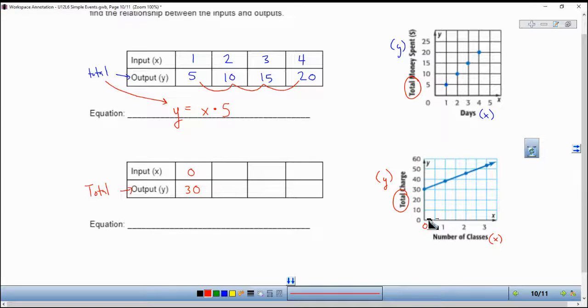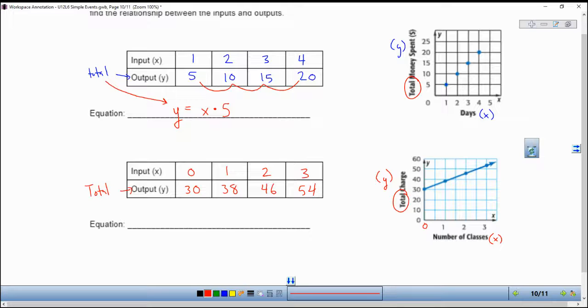So that's where that 30 comes from. You do 1 class, and it appears to be around 38, 39. We'll go with 38. 2 classes, be like 46. 3 classes would be 54.